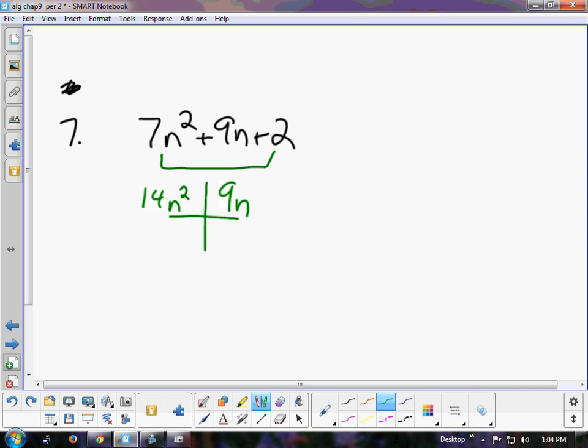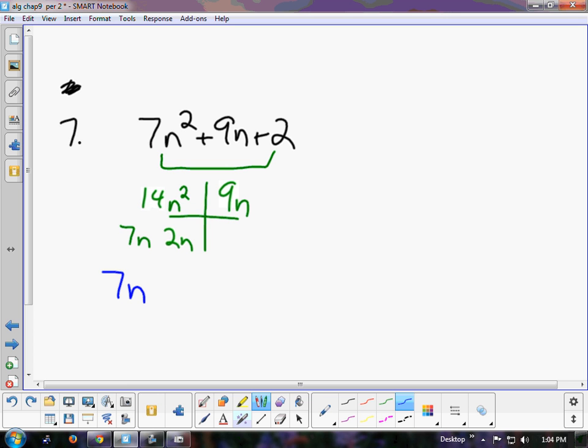Two numbers that multiply to equal 14 that add up to 9. 7 and 2. Now watch, I'm going to do 7n and 2n, because 7 times 2 is 14, and 7 plus 2 is 9. And we're going to leave the n's on there. Okay? The next step is rewrite the original question.